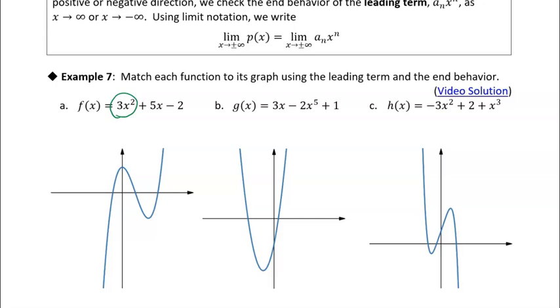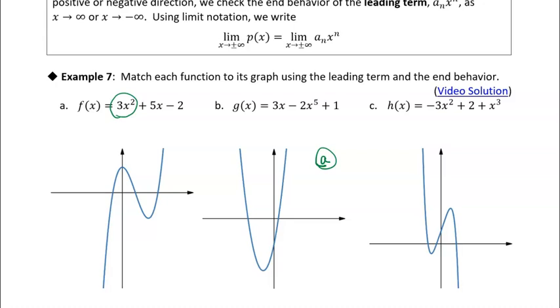All right, now we know that even powers of x go to infinity as x goes to infinity, and going to go to positive infinity when x goes to negative infinity, right? So it goes to positive infinity in both directions. So it looks like this middle graph has to be the 3x squared plus 5x minus 2, because it has the right end behavior.